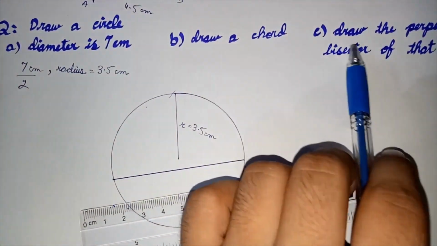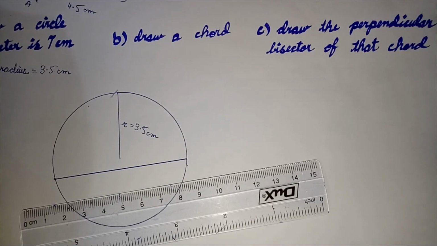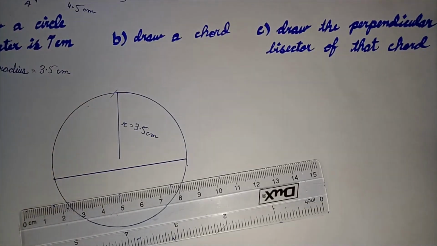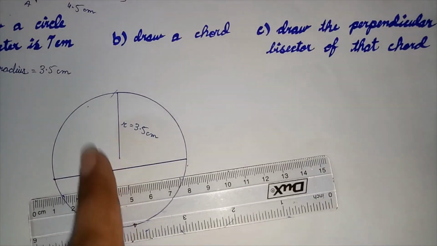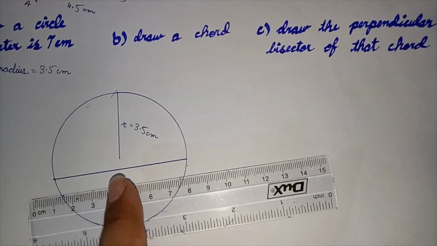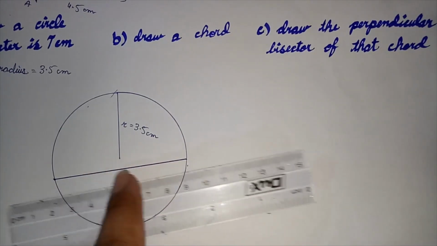In the third part we have to draw a perpendicular bisector of that chord. What is a perpendicular bisector? A perpendicular bisector is a line which will cut this chord into two equal parts, and it should be perpendicular to this chord also.